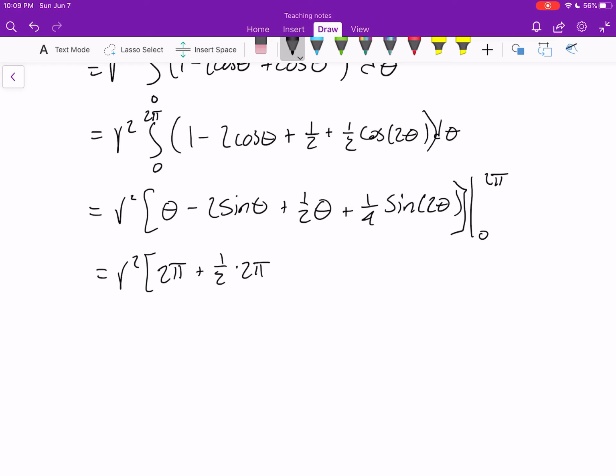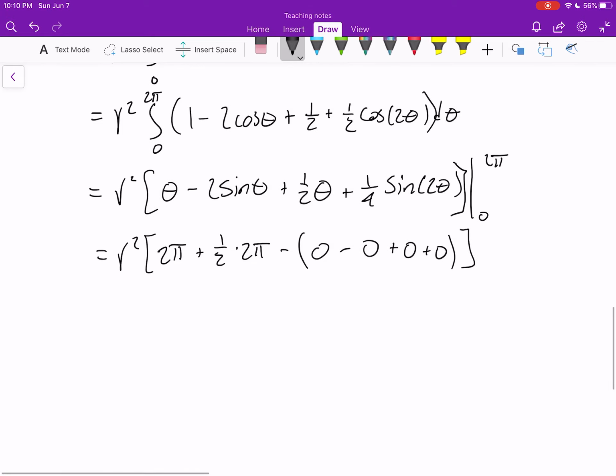I'm going to have 1/4 sine of 4 pi, which is again 0. I'm going to subtract off what I get when I plug in 0. So I'm going to get 0 minus sine of 0 is 0, plus 1/2 times 0 is 0, plus 1/4 sine of 0 is 0. So this is r squared times 2 pi plus pi. This is 3 pi r squared.